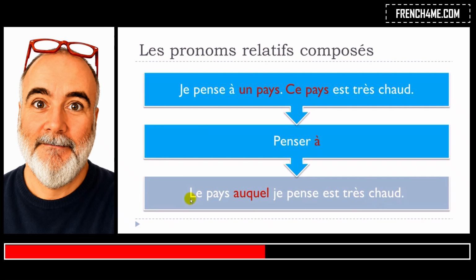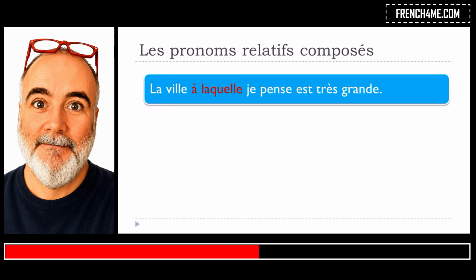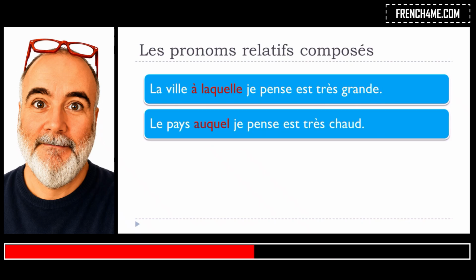And you get your sentence: le pays auquel je pense est très chaud. So, if we've got the singular feminine, we've got la ville à laquelle je pense est très grande. Then, masculine singular, le pays auquel je pense est très chaud.